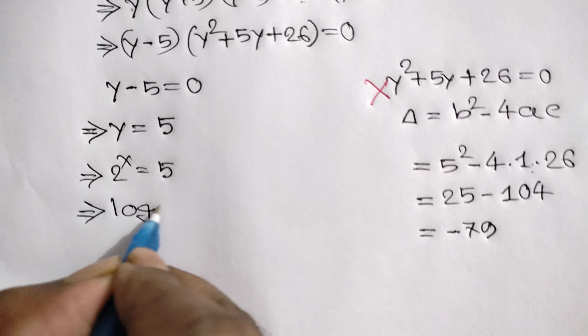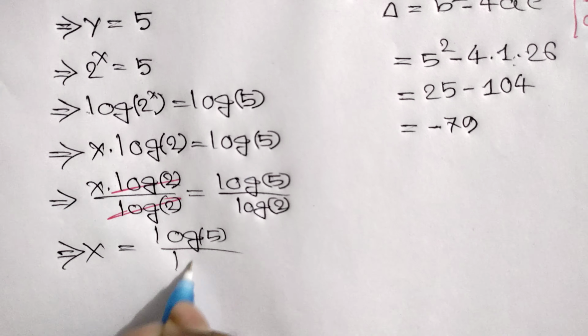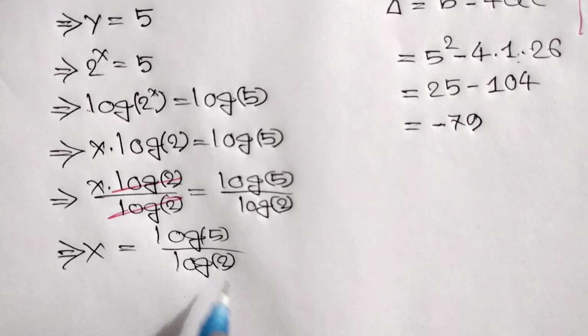Now dividing both sides by log of 2, we can write x times log of 2 over log of 2 is equal to log of 5 over log of 2. Now this log of 2 cancels out this log of 2, so we will get x is equal to log of 5 over log of 2.